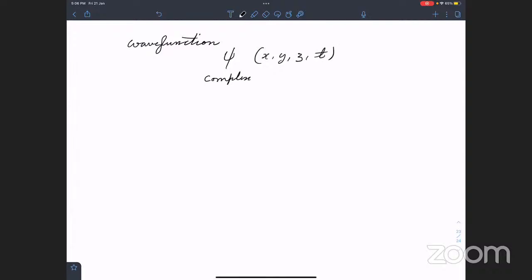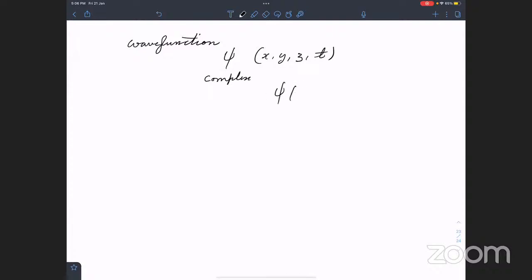So imagine you're sitting in this room and there is an electron. We basically specify its probability at different locations and different times. So this is a complex function, meaning at every point in this room I have a different complex number.